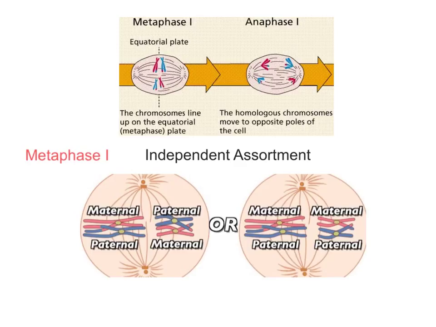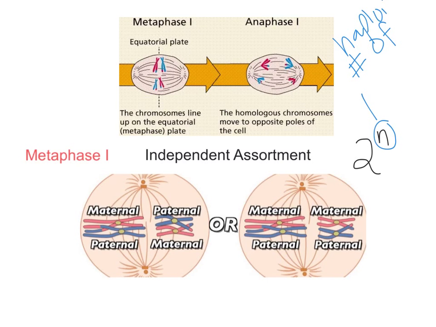There's a nice little mathematical formula that we can use. That's 2 to the n, where n is the haploid number of chromosomes. So in humans, it's 23, right? Because we have 23 pairs of chromosomes.